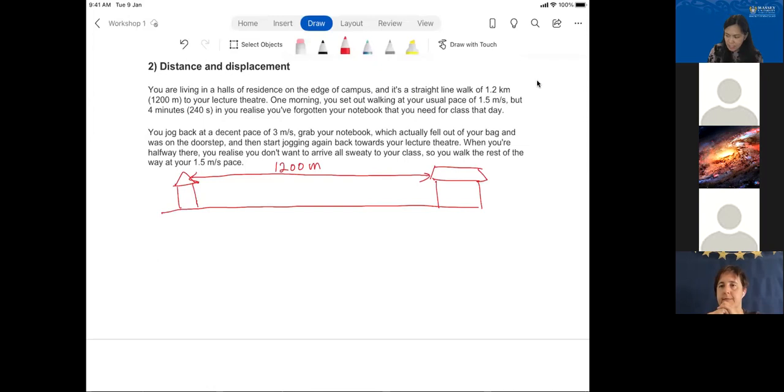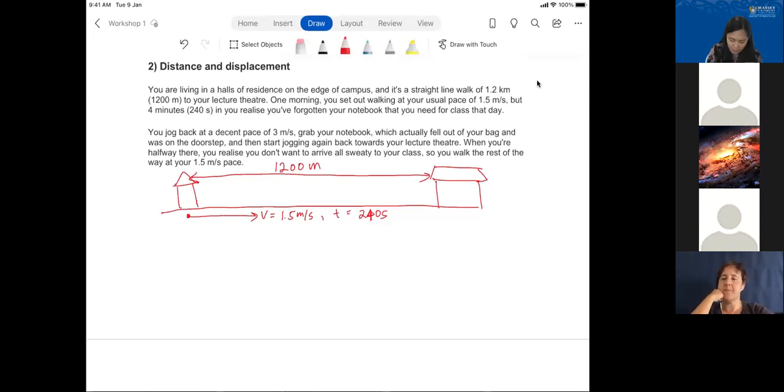Okay, so the first segment of your journey, you started from the halls of residence and you started moving towards the lecture theater at the velocity of 1.5 meters per second, positive towards the lecture theater. And it took you about 240 seconds. You were walking for 240 seconds or 4 minutes before you realized that your notebook is not there.